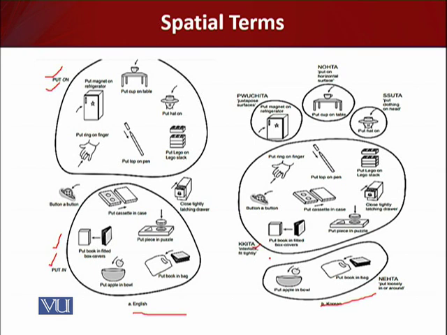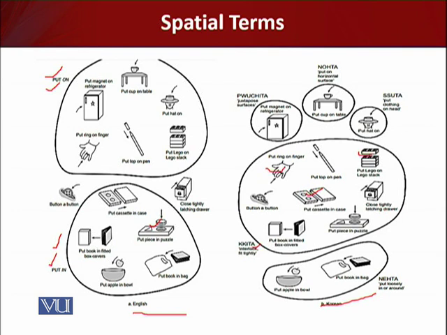Now, this applies to such disparate cases as putting a VHS tape in a cassette, putting a piece in a puzzle, stacking Legos, and putting a ring on a finger.